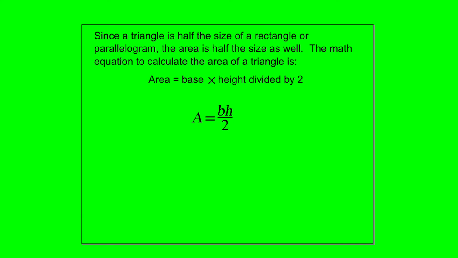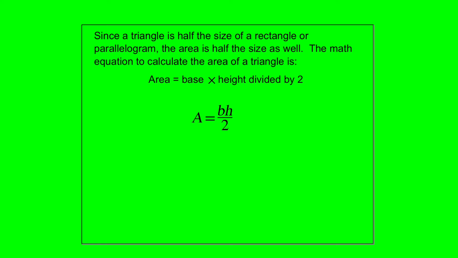Since the triangle is half the size of the rectangle, the area is half the size as well. The equation to calculate the area of a triangle is area equals base times height divided by 2, or A equals B times H all divided by 2.